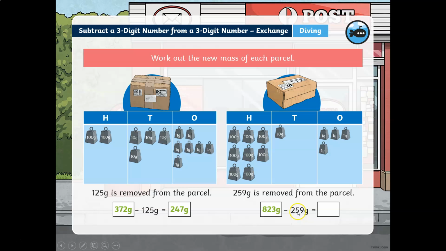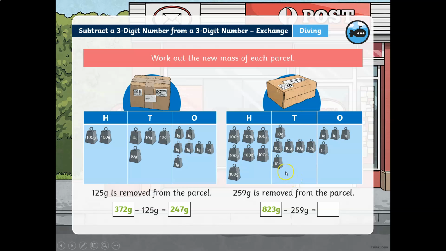So here in the tens column, 5. Can we take 5 from 1? No. So we're going to borrow from the hundreds. And then we make 10 tens. Okay? Now, can we take 5 from 11 tens?